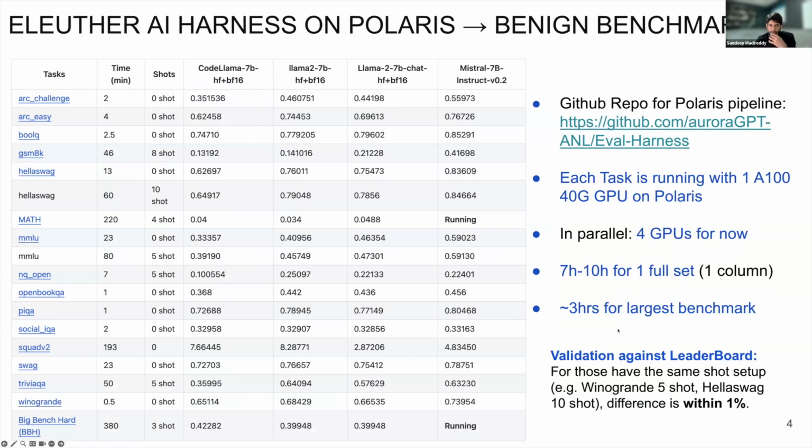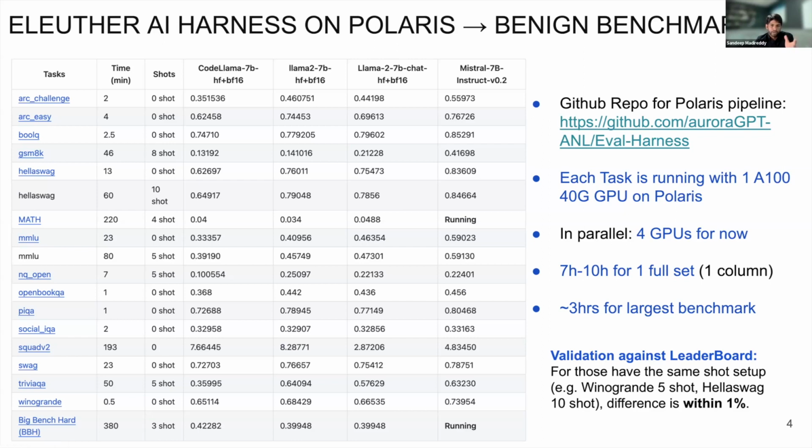Here is an example of the recent runs that we had on Polaris. The reason I'm showing this is to show some of the tasks or benchmarks out there which try to evaluate these models on certain aspects. For example, HellaSwag is a data set grounded in common sense inference.